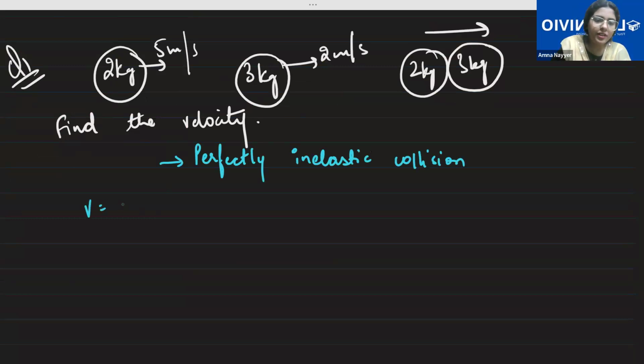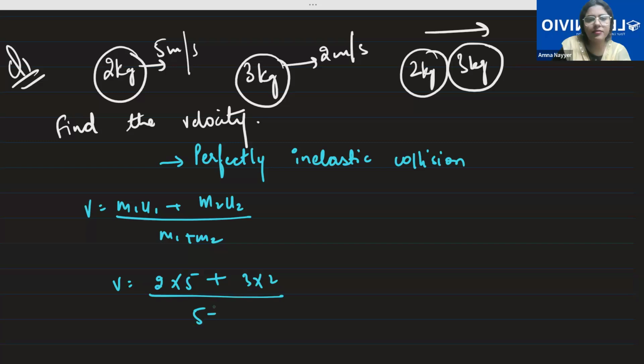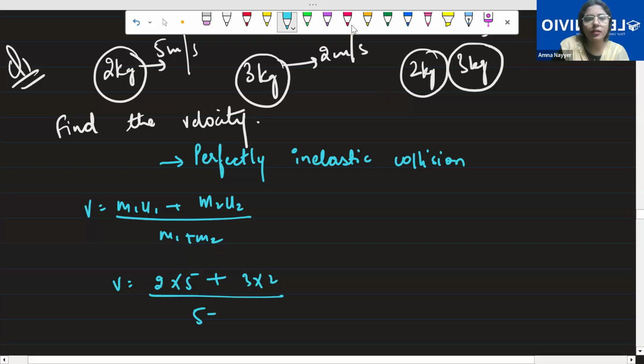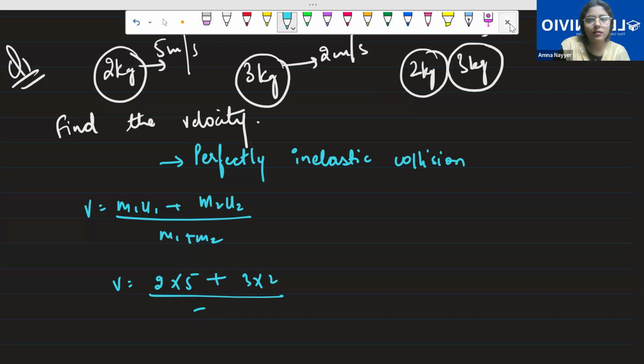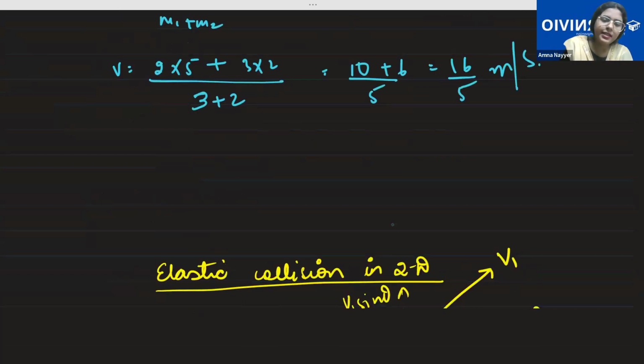So v will be m1 u1 plus m2 u2 divided by m1 plus m2. v is equal to 2 into 5 plus 3 into 2, divided by 3 plus 2. That is 10 plus 6 by 5, 16 by 5 meter per second. So this is what you need to remember.